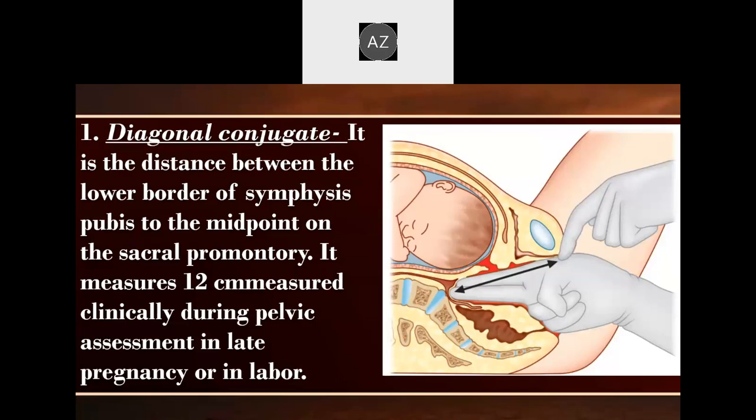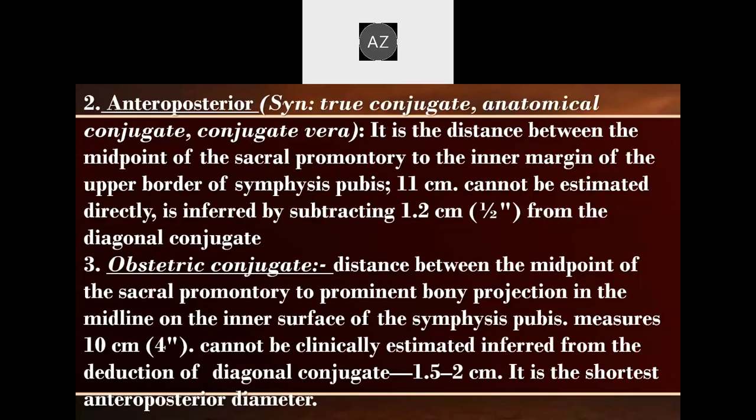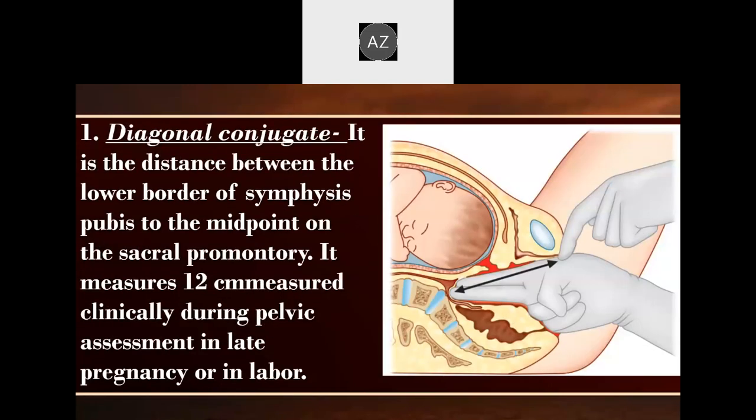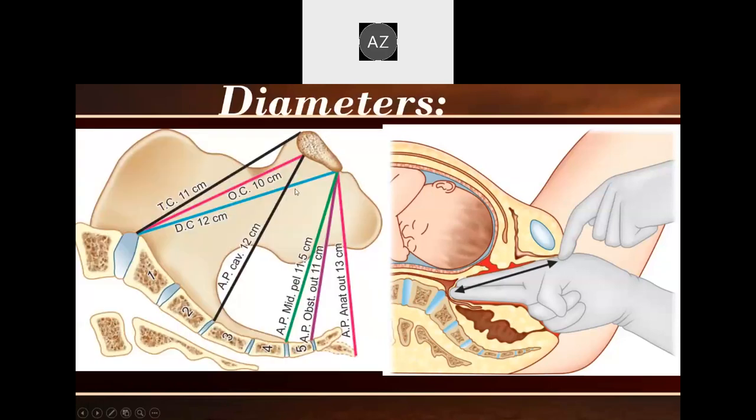And then we have the anteroposterior. This is the true anatomical. The diagonal conjugate is just from below here, the vaginal opening, all through to the sacral promontory. So it's 12 centimeters.